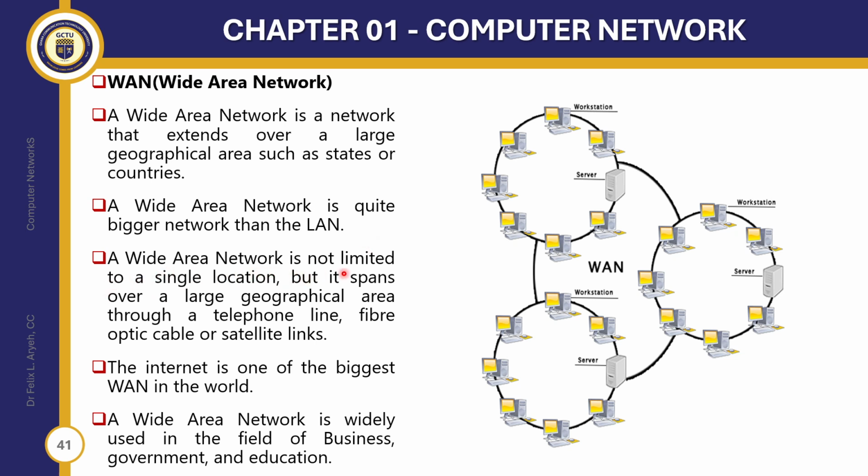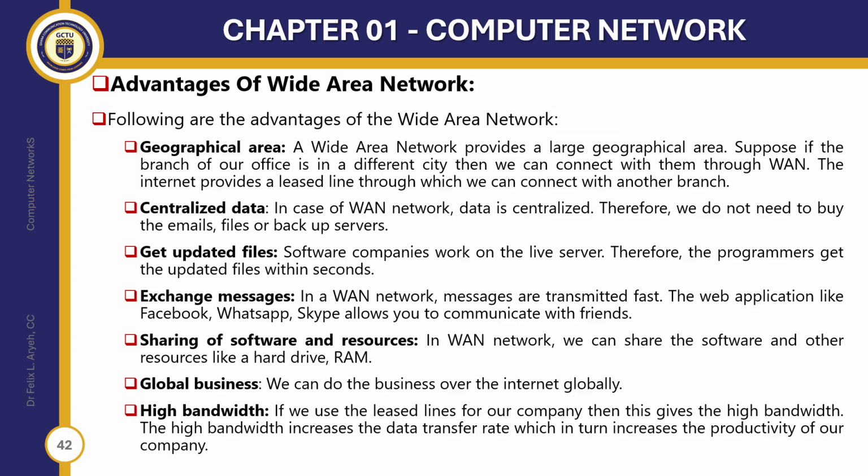A wide area network is not limited to a single location, but it spans over a large geographical area through a telephone line, fiber optic cable, or satellite links. Most times, the internet is one of the biggest ones in the world. A wide area network is widely used in the field of business, government, and also education. So that is about the wide area network.